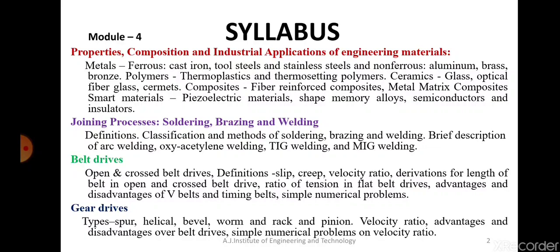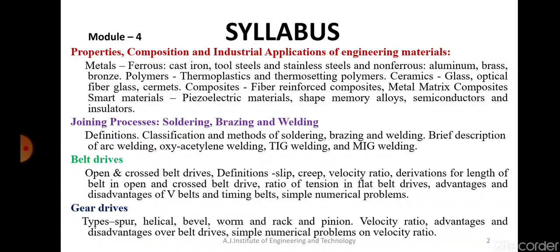Then we have to study some of the non-metals like polymers, in which you have to study thermoplastic and thermosetting plastics or polymers. Then another set is ceramics. Different types of ceramics are glass, optical fibers, ceramides, etc. Then you will also have to study some other materials which are called composite materials.